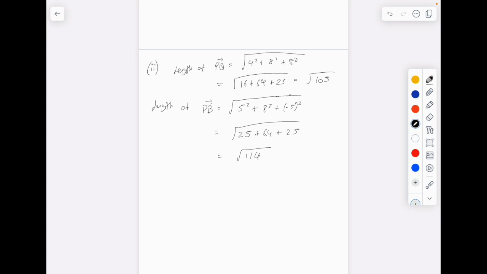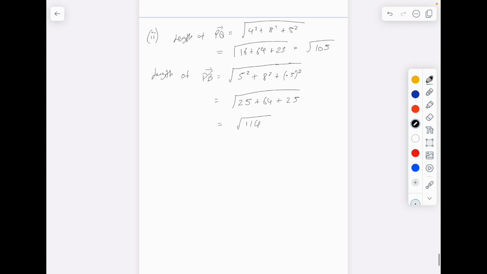So let's think about it. Well, the magnitude of PQ is less than the magnitude of PB. This smaller than this. So therefore, what we can say is P is nearer to Q than to B. Okay? Perfect. So that's II.